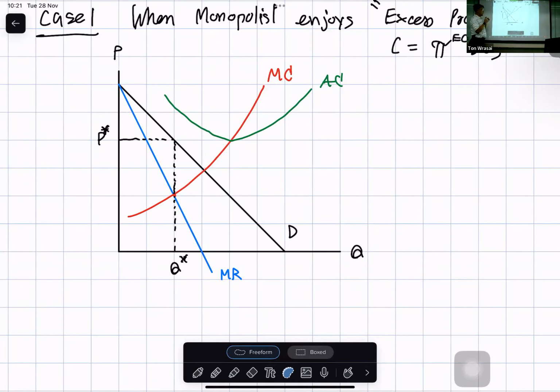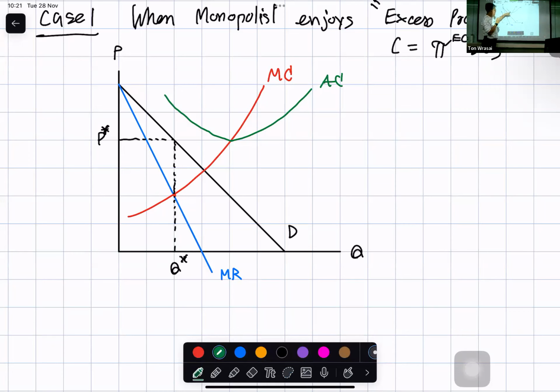The reason is, first of all, if we draw the AC curve, the bottom of AC must be crossed by MC. Be careful here. Check your diagram. MC cuts AC at the bottom. Otherwise, the average-marginal relationship will not hold.